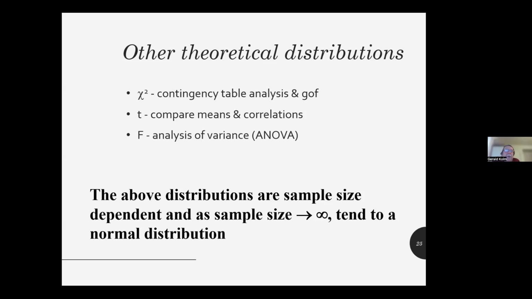We use a t distribution to compare means and correlations. And then the F distribution that we use in looking at analysis of variance. There are other distributions, but these are the most common ones you'll see in statistics. They're sample size dependent, but for each one, as sample size tends towards infinity, the distributions tend to become normally distributed.